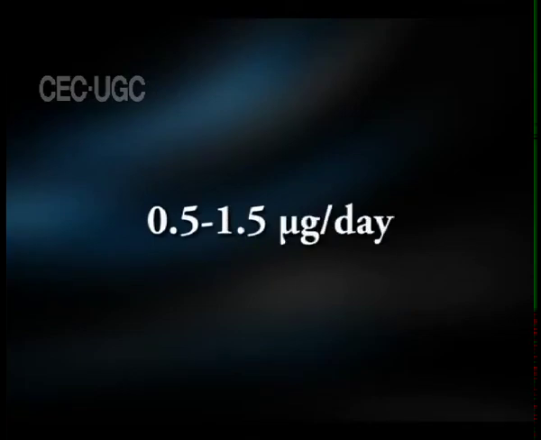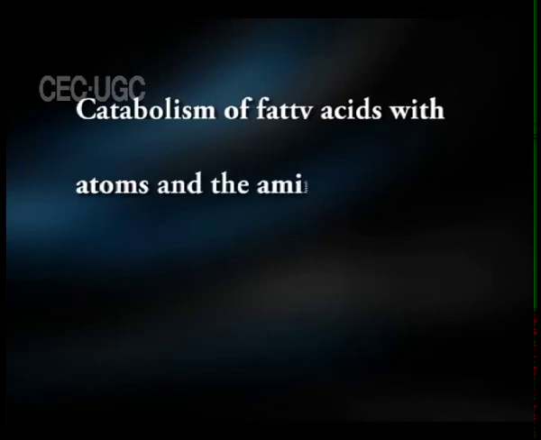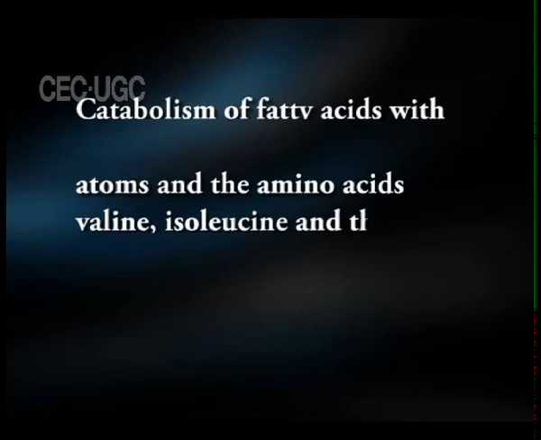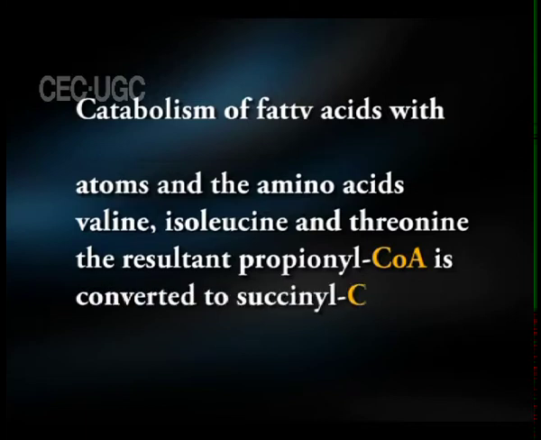microgram per day. Physiological functions. There are only two clinically significant reactions in the body that require vitamin B12 as a cofactor. During the catabolism of fatty acids with an odd number of carbon atoms and the amino acids valine, isoleucine and threonine, the resultant propionyl coenzyme A is converted to succinyl coenzyme A for oxidation in the TCA cycle.